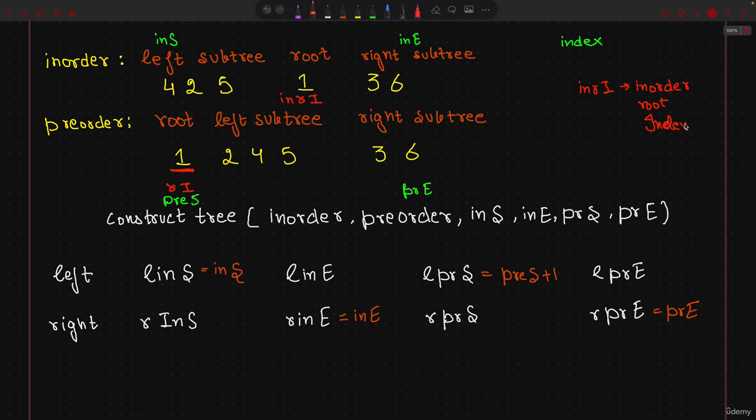Once I have this, then what can I say, everyone? Pay attention. The left subtree in-order ends 1 before this, so it's going to be in-order root index minus 1.